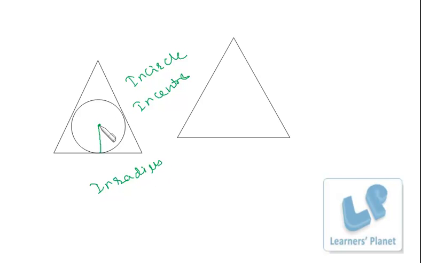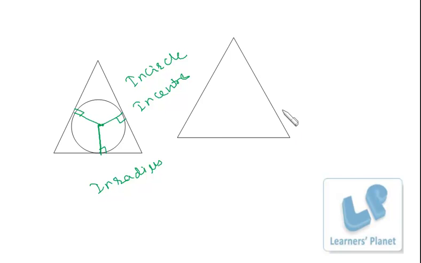Now the next important question: how do we draw an incircle? I've already told you the angle between the radius and the tangent will be 90 degrees. So these angles will be 90 degrees, and this is the inradius.